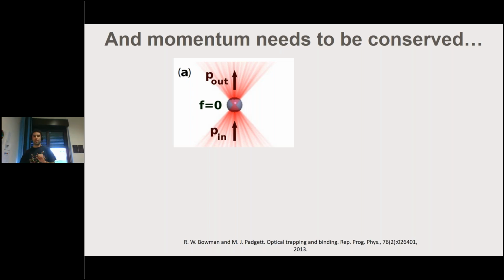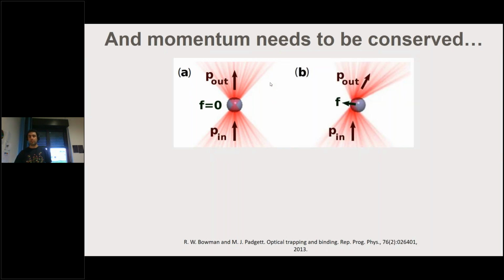If the particle is in this position, the rays that are coming into the particle look very similar to the ones that are going outside, and there is not really a change of momentum. The momentum after the particle is the same as the momentum before going into the particle. So the net force being applied on the particle is 0.